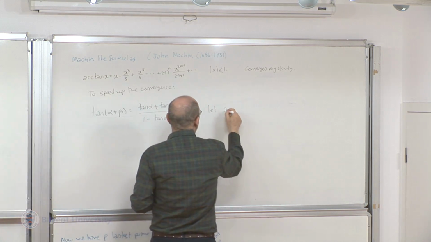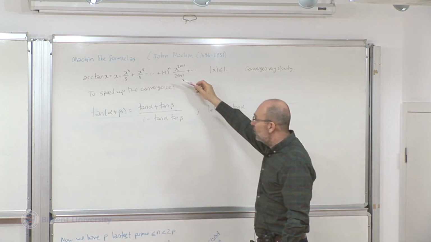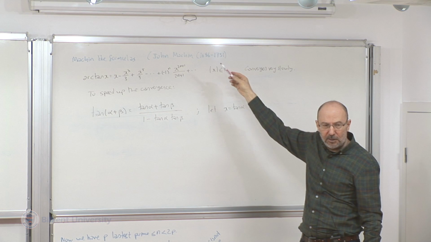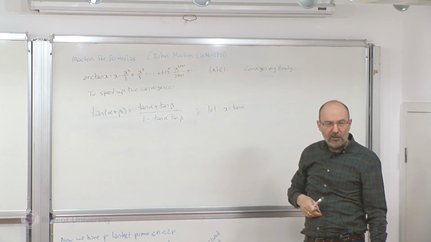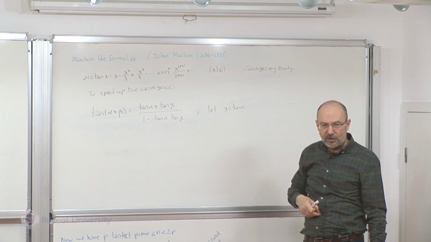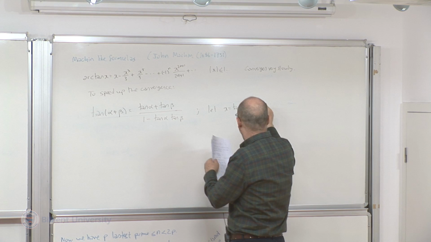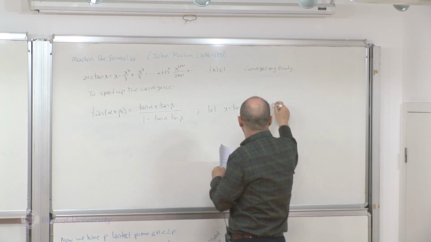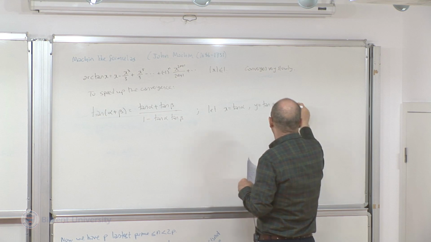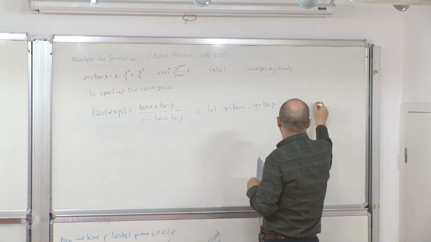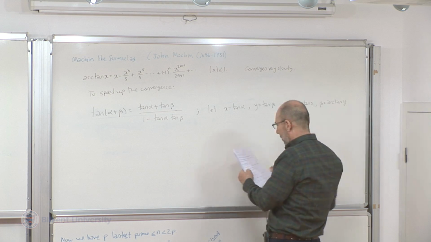Let x equal tangent alpha. So the idea is, instead of approximating pi with one arctangent, we'll say that pi is equal to the sum of two arctangents using this formula. So let x be tangent alpha, y be tangent beta. And alpha equals arctangent x, beta equals arctangent y.